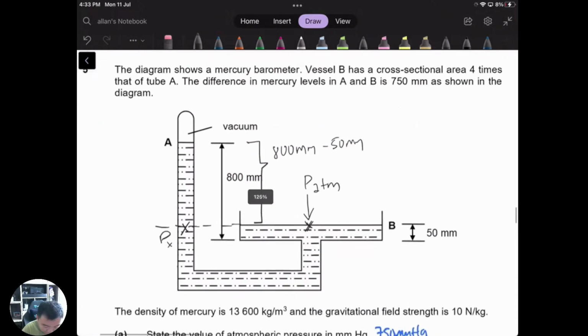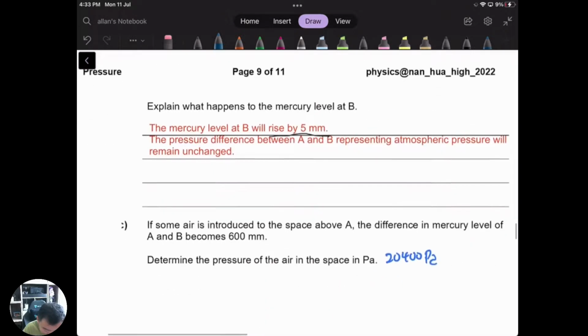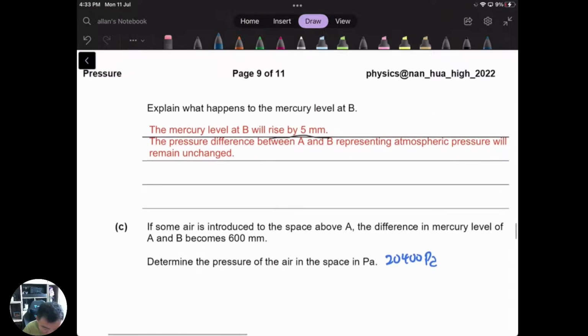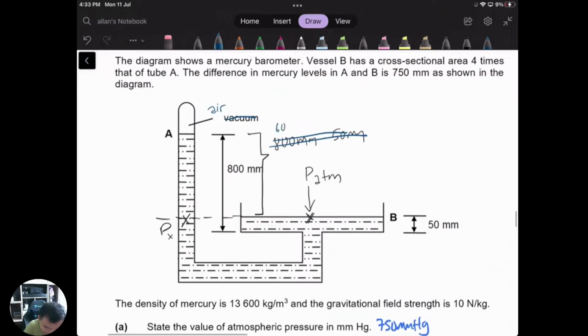So let's go back to the diagram. And if your vacuum here becomes air, you are told that this difference in height now becomes, which I can't remember, 600 mm over here. So this becomes 600 mm.